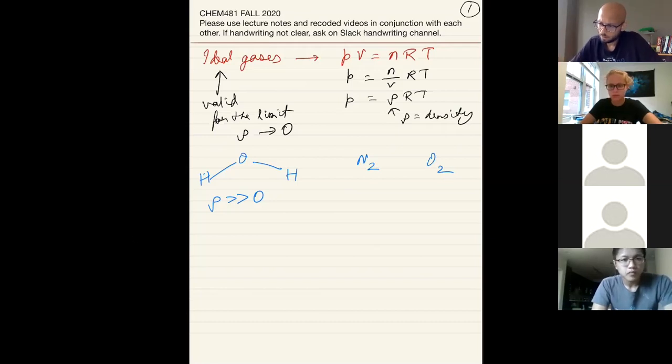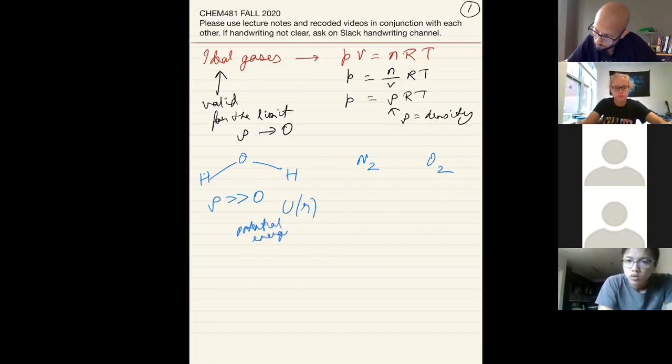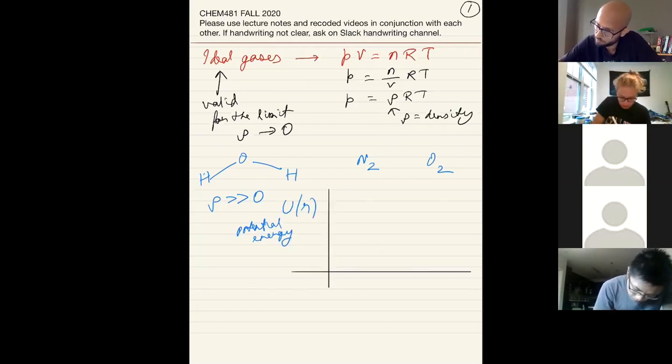So let's think of the potential energy U(R) for an ideal gas. How should it look? Here I'm talking about U(R) on the y-axis and R on the x-axis.